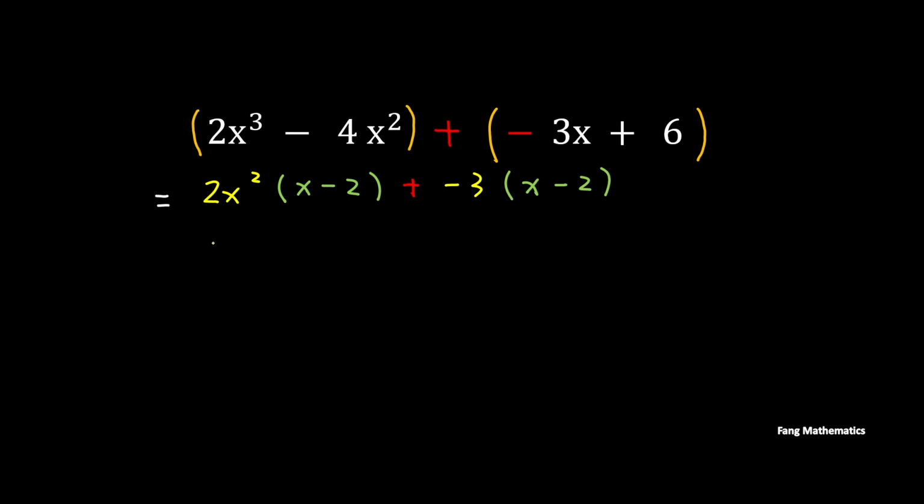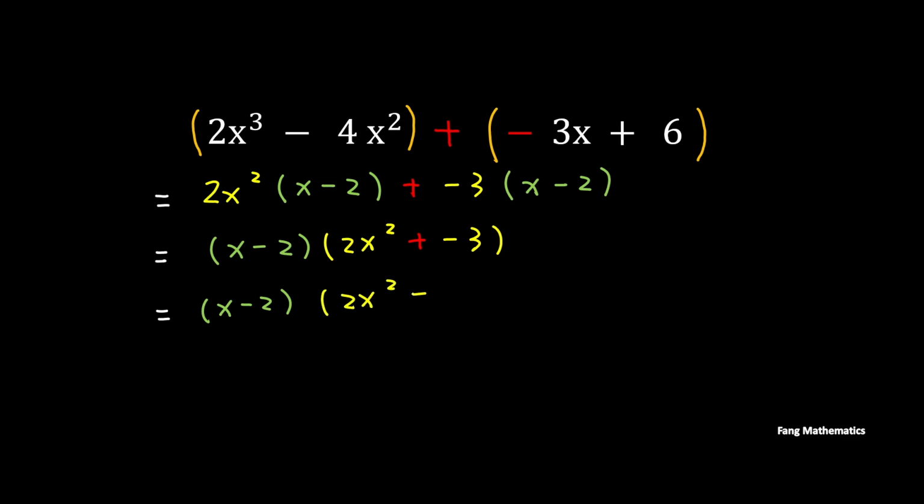Thus, you are able to use the distributive property and factor out the x minus 2 from each term. Inside another parenthesis, you are to perform 2x squared plus minus 3. And remember that plus minus could change to minus, and you get your final answer.